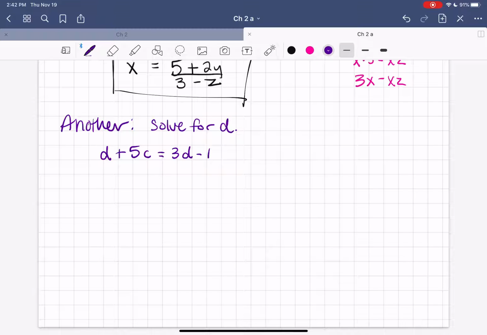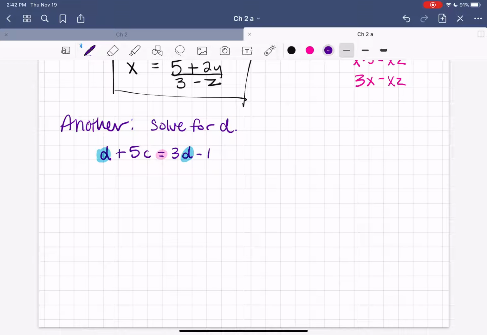All right, so if I'm solving for d, I need to first figure out where the d's are. I'm going to look at where the equal sign is so that I can have that perspective. There's a d right here and a d right here, so they're not on the same side. I've got to get them on the same side as one of my first steps, okay?